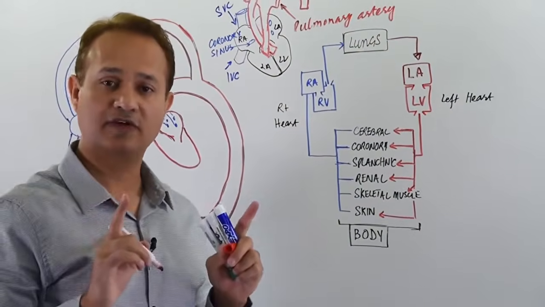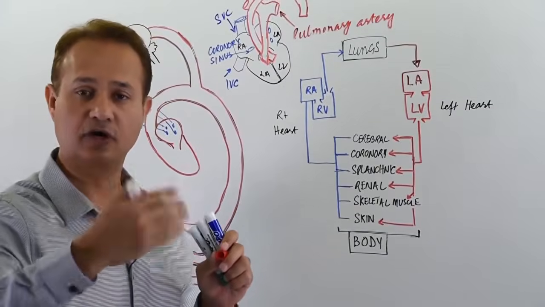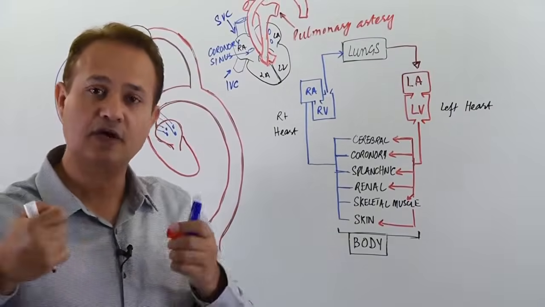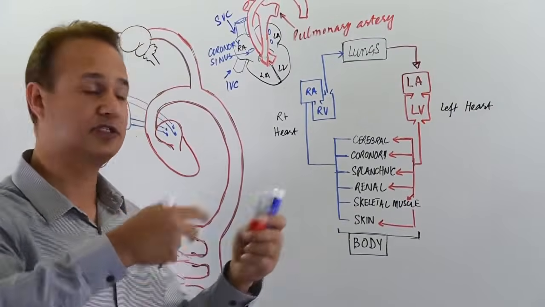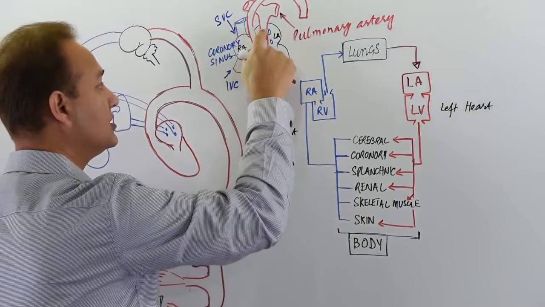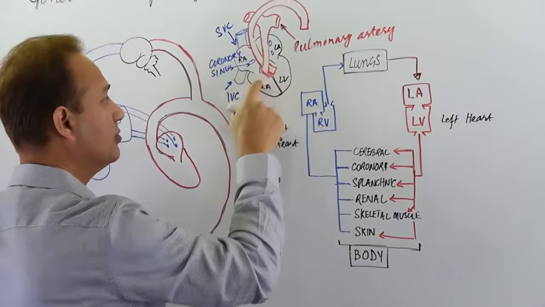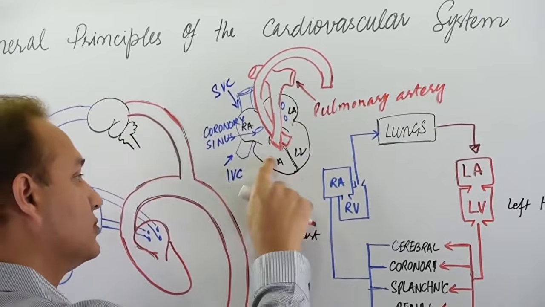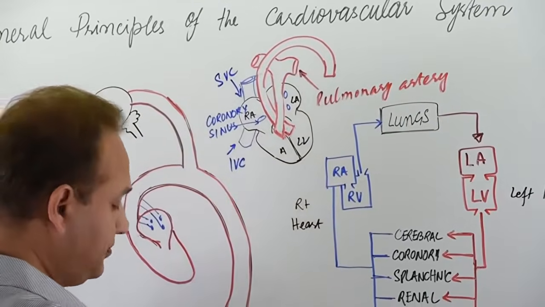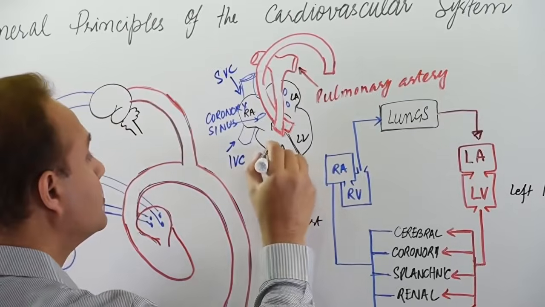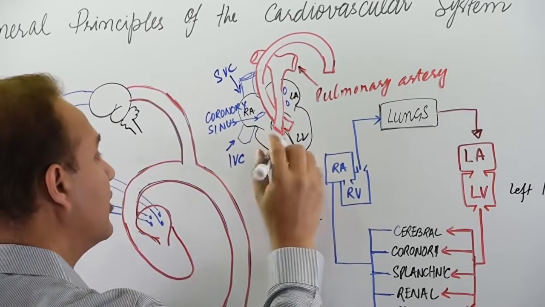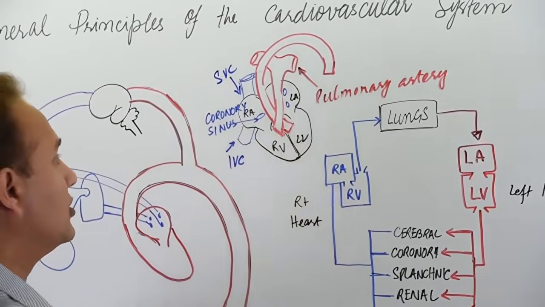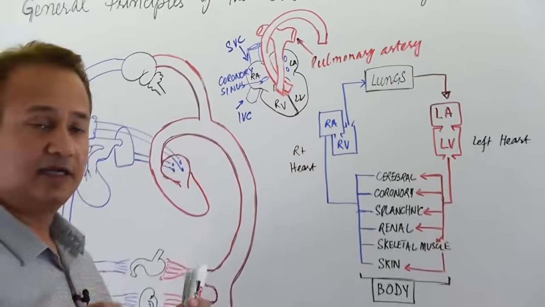Arteries are all the vessels that bring blood out of the heart, that bring blood from the heart outside towards the tissue. So this is the pulmonary artery that would bring the blood out from the right ventricle. Okay, so that is the pulmonary artery, that is the right side.